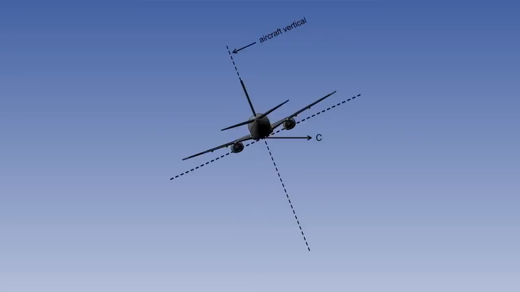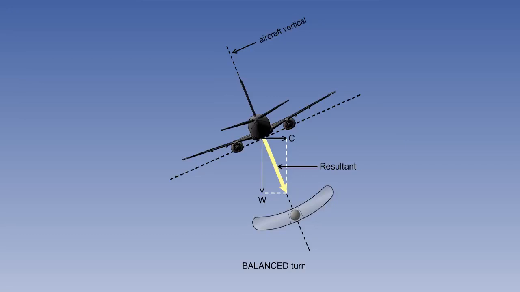In a turn, the ball will be subject to an additional or centrifugal force, which we will call C. The magnitude of the centrifugal force experienced will be proportional to the true airspeed and the rate of turn. The ball will be displaced by this force and will come to rest in the tube when the centrifugal force acting on the ball equals the resultant weight of the ball.